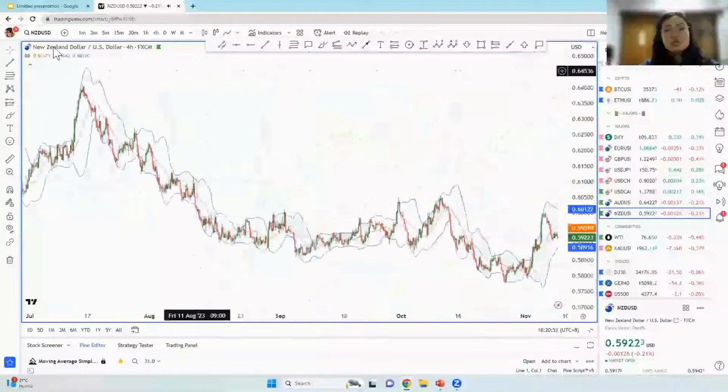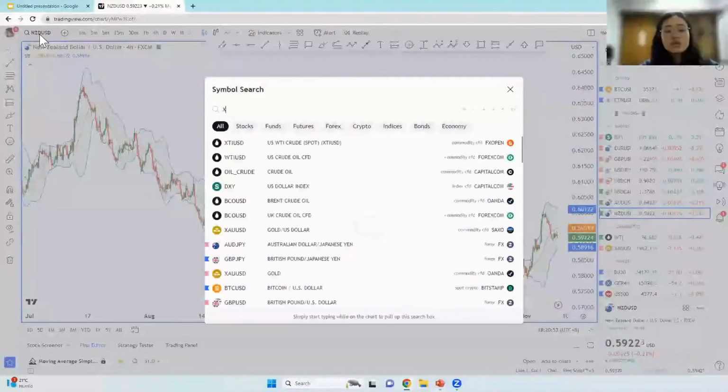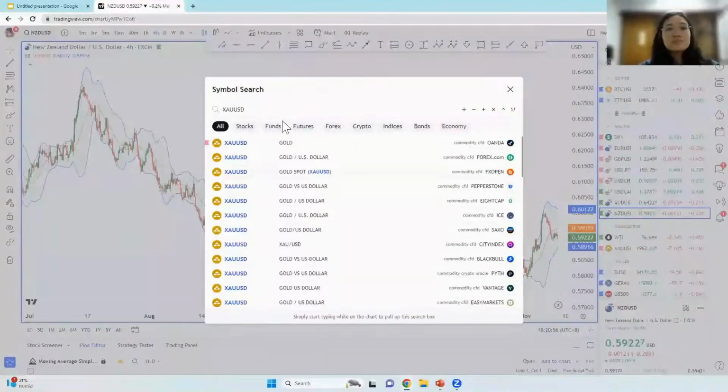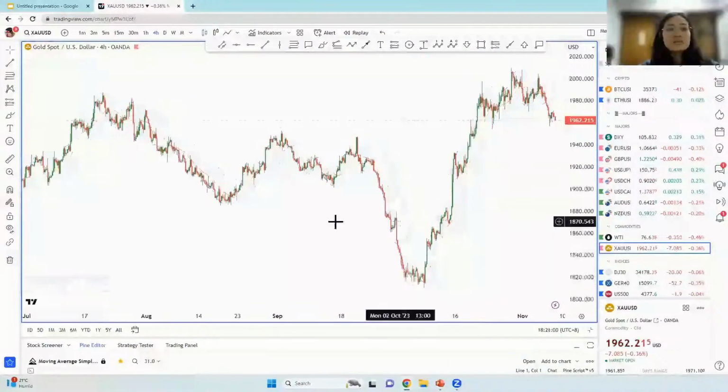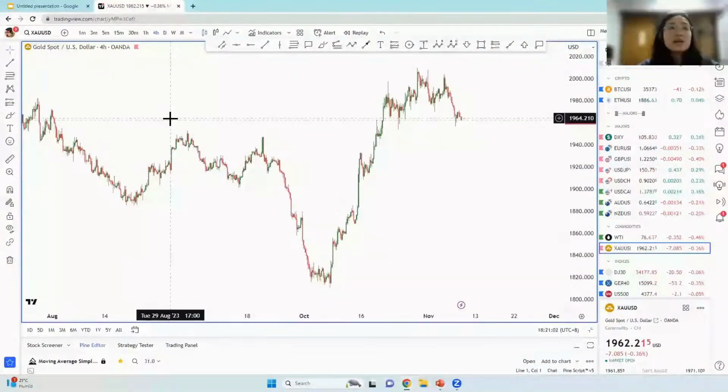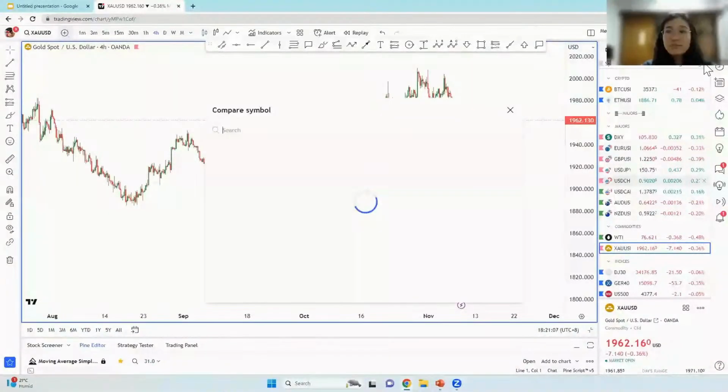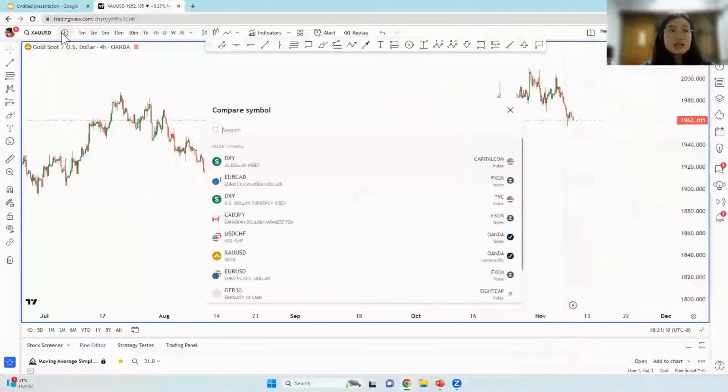Okay, so we're talking about gold. Okay, and if I want to add another chart so that I can compare it right on the same chart, I just press this addition sign and then click on this same percentage scale.